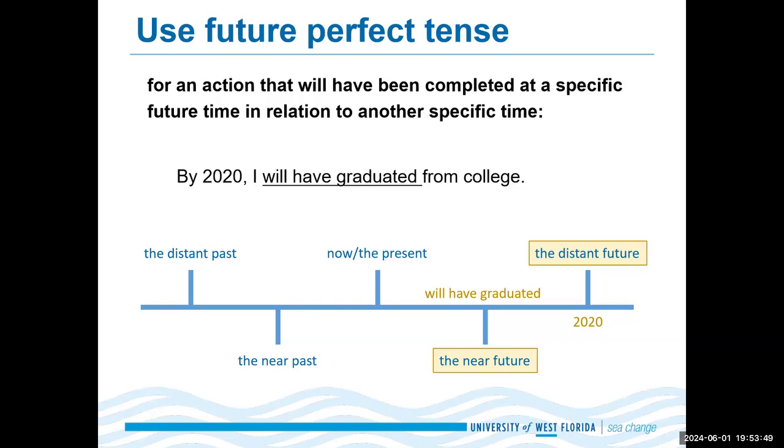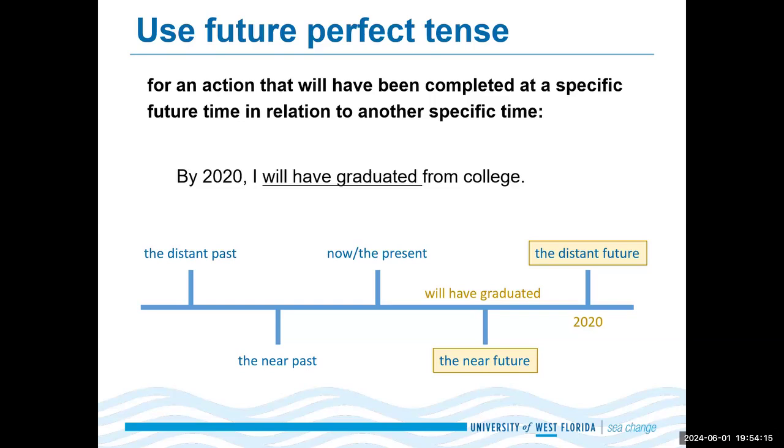Parang ganon, no? By 2020, I will have graduated from college. Okay. Once you can see "will have," that means you have to still use a verb that has -ed at the end.